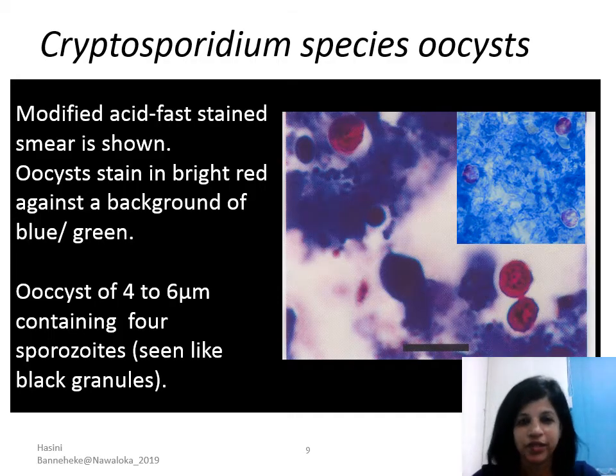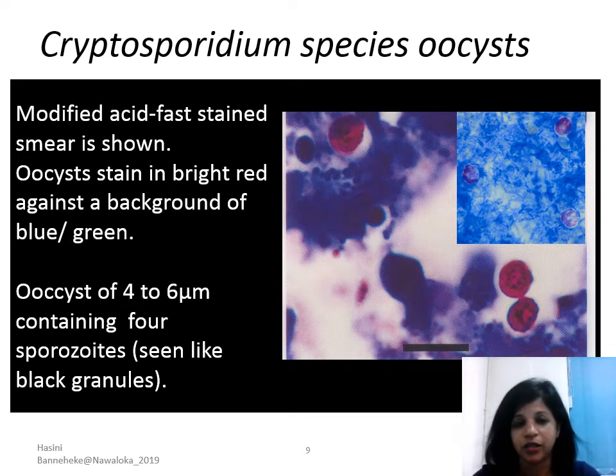So in the previous slide, I showed you Cryptosporidium species oocysts. Now you recognize them by the appearance of bright red or intense pink color of the oocyst. And as you can see, the background is bluish or green in color, and usually we go by the size as well.